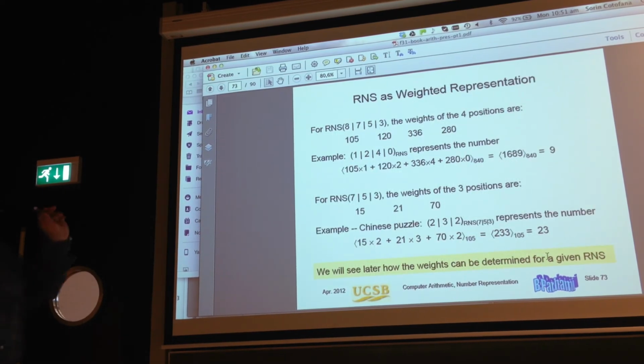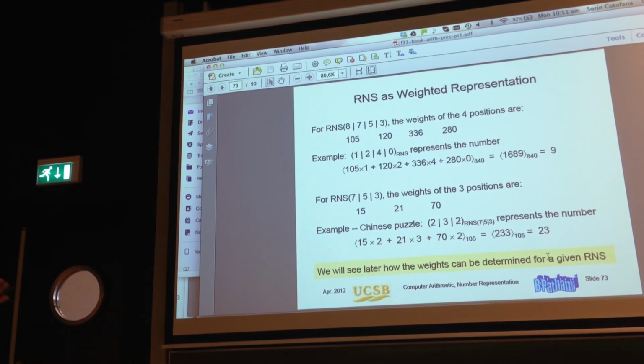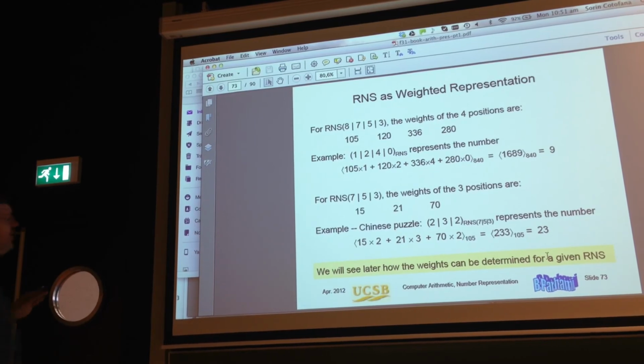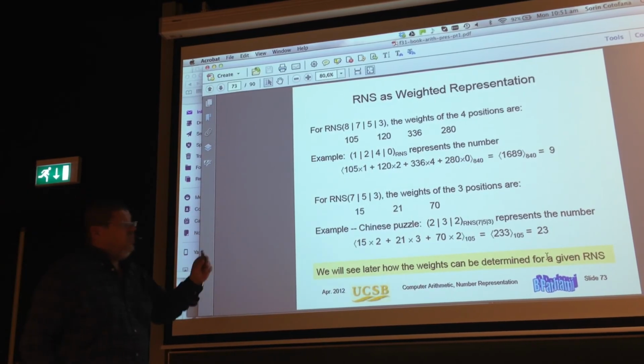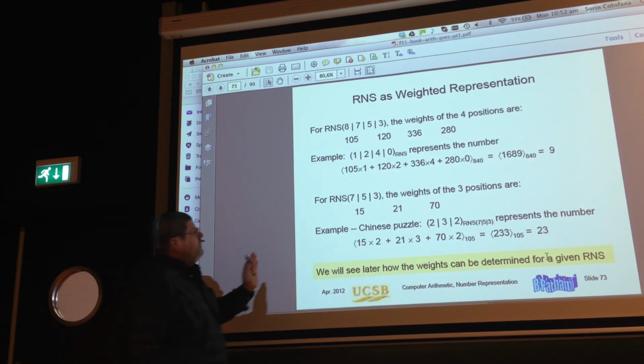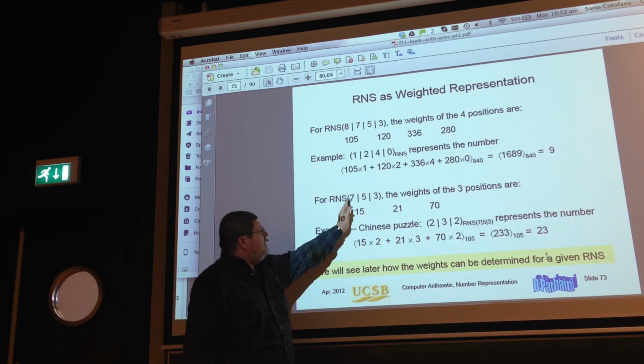Now, this is also a weighted representation, because this is what we like, weighted representations. Otherwise, we get the problem of the Roman numerals. But the weights now are not power of any radix. We'll see later on how those are computed, but there is always a weight on each position, and that weight depends on the position of the remainder, and also on the system.